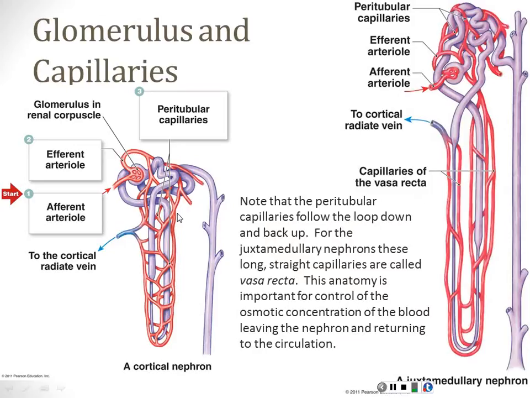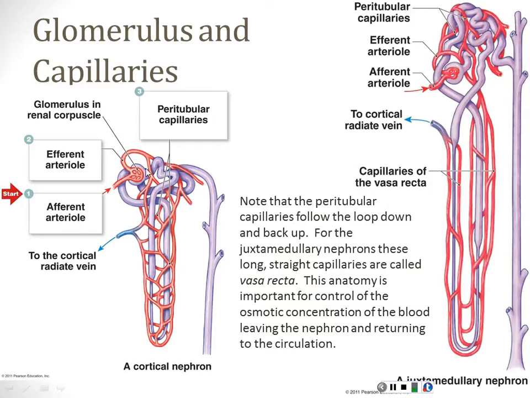Okay, so since we have this complex anatomy, it's important to look at where are the capillaries, right? Remember I said the capillaries are the business end of the cardiovascular system. Well, in this case, we have two capillary beds. So here is blood coming in from one of those cortical radiate arteries, right?